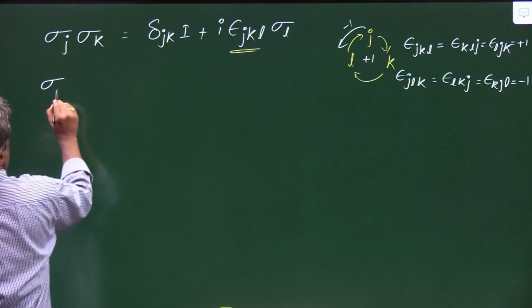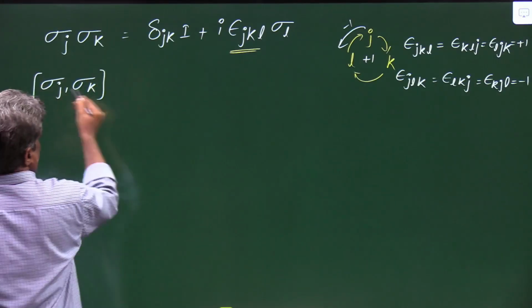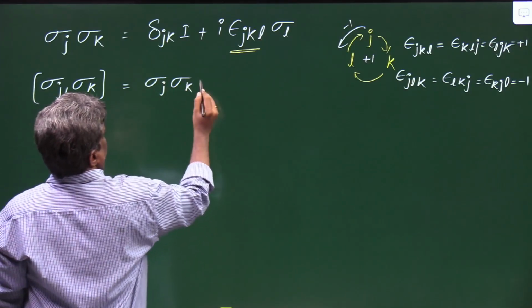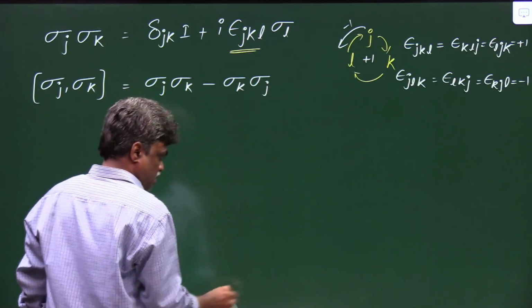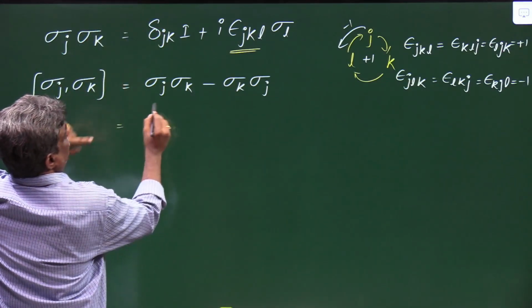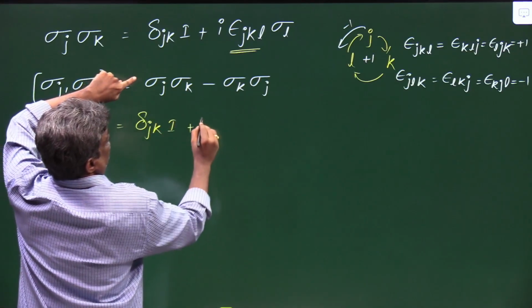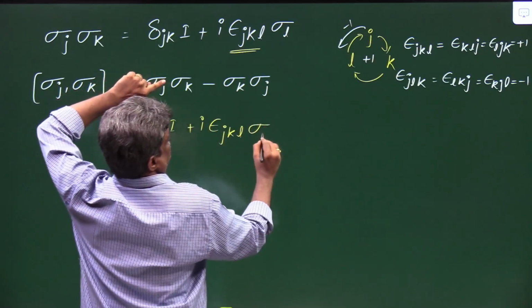Okay, now I'm going to take this sigma j, sigma k. So this is the commutator, sigma j into sigma k minus sigma k into sigma j. So by using this, I can substitute here. This is directly delta jk I plus iota epsilon jkl and a sigma l.